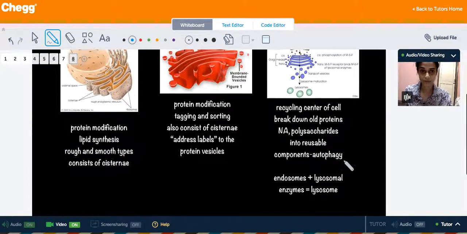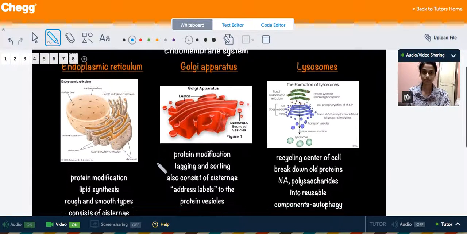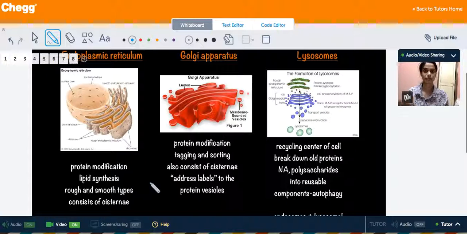And then a couple more of the organelles are the endoplasmic reticulum, the Golgi apparatus, and the lysosomes. The reason I've clumped these together is because they all form what's known as an endomembrane system. The main function of the endoplasmic reticulum is protein modification and lipid synthesis, and there are two types, rough and smooth. The difference is that the rough ones contain ribosomes on the cytosolic end of the endoplasmic reticulum.